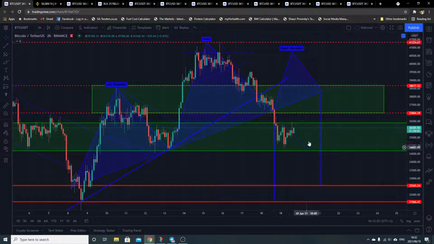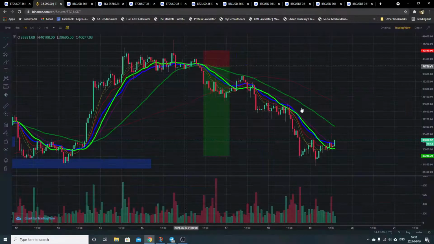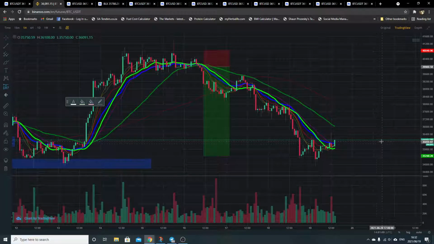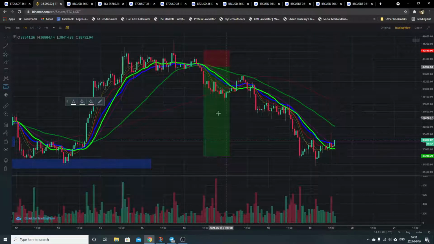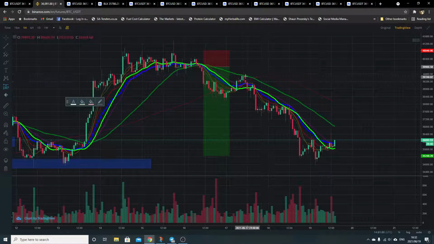Then I'll possibly, very possibly, open up another trade, and I will decide depending on where the price is here and what it's going to do there. I'm going to watch it carefully. We've already got one rejection over there.